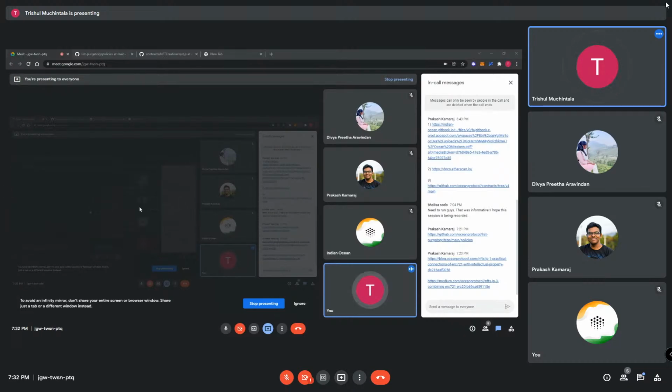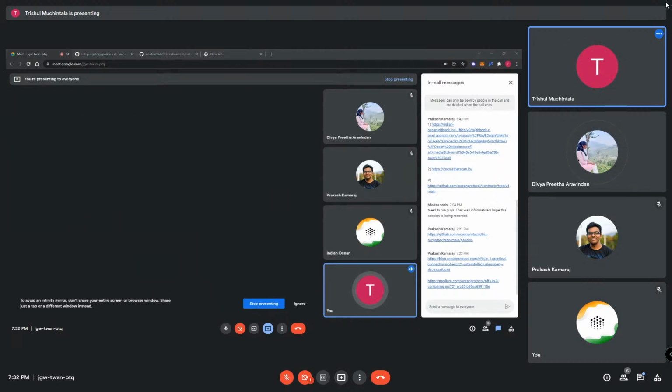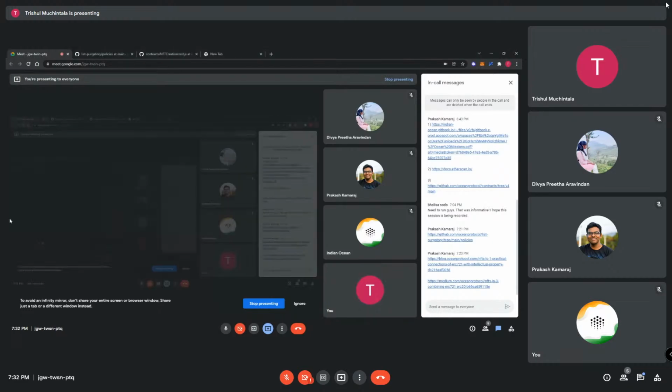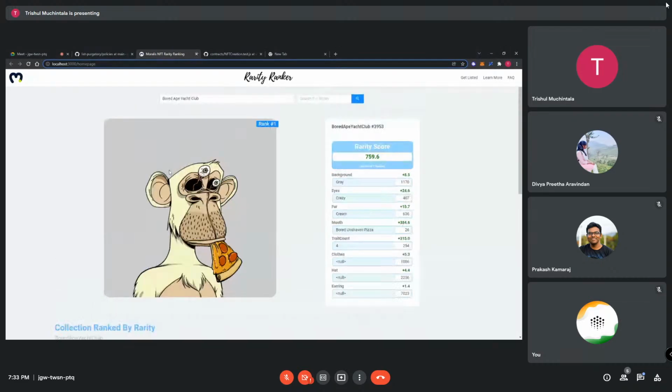Can you see my screen now? The screen is visible, but not the content. The Google Meet screen is visible. Can you see now? Yeah, visible.